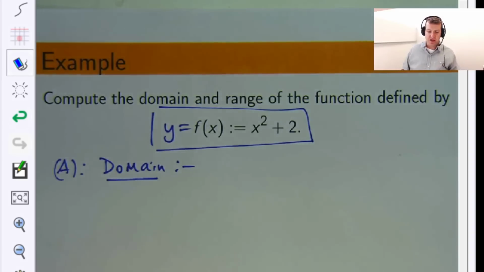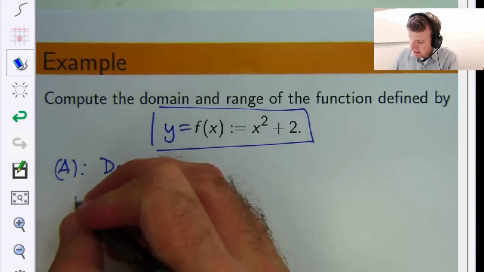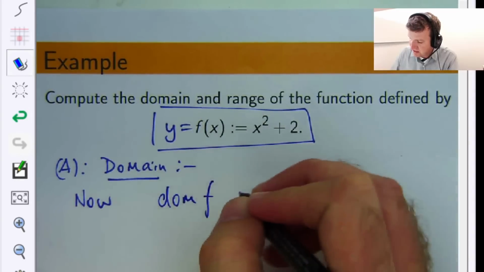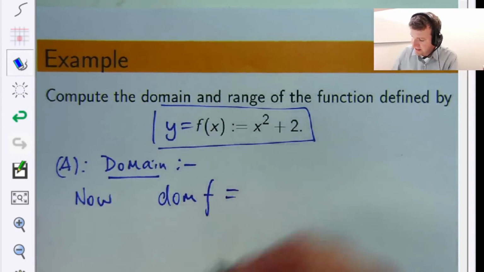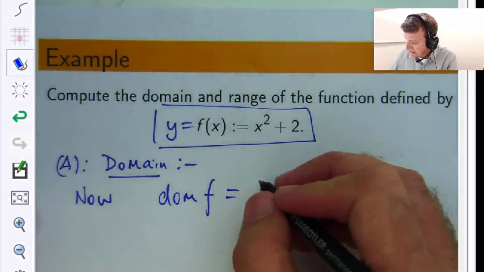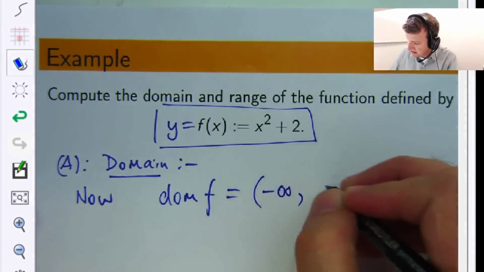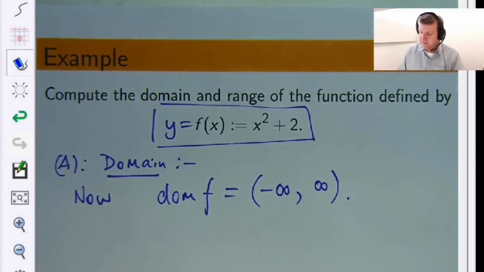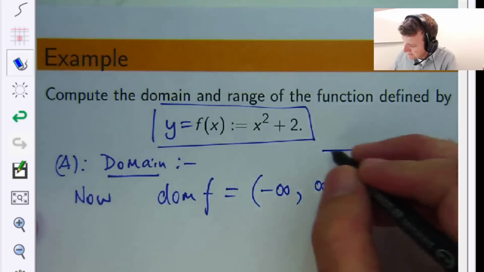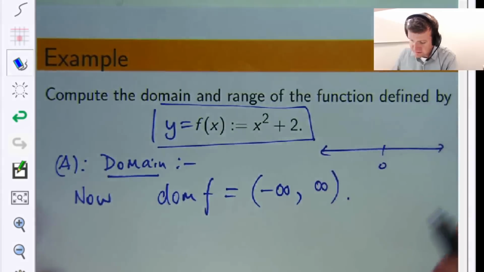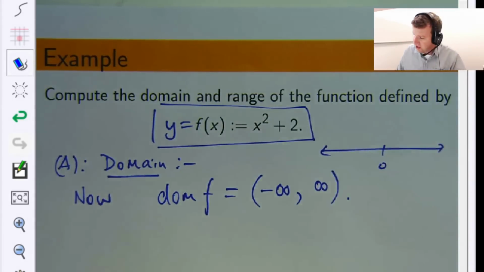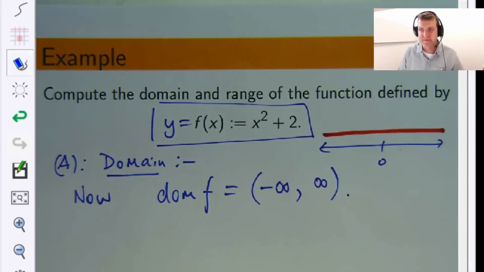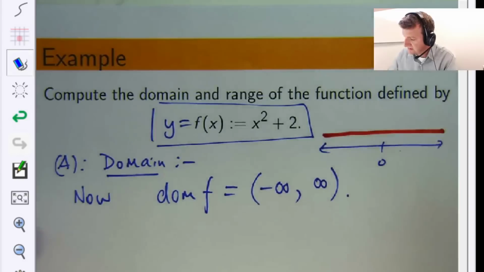So with this one, the domain is really easy. I use dom f to denote the domain, and in this setting, I'm going to use interval notation. If I was to draw this on the number line, it would just be the whole number line. Think of this as the x number line, if you like.